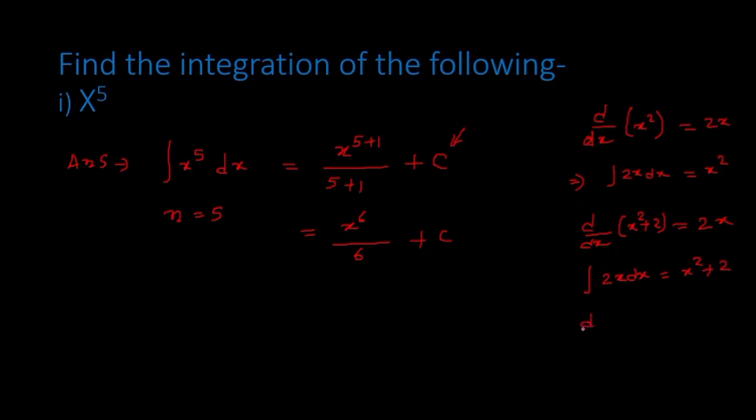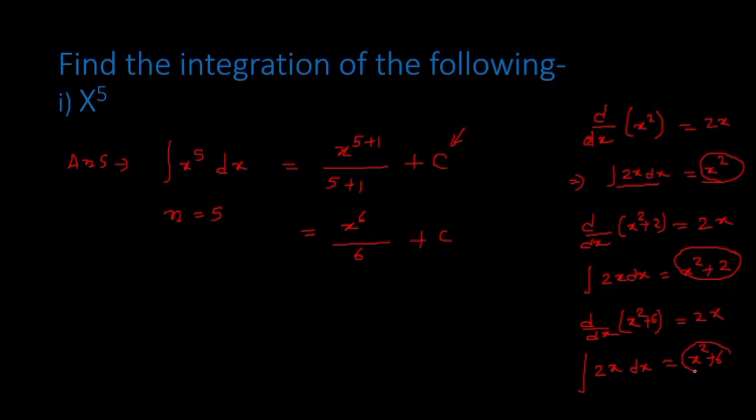Now d/dx of x square plus 6 will also be 2x. Then from that we can conclude the integration of 2x dx will be x square plus 6. So as you can see, the integration of 2x is different in different cases: here the integration is x square plus 2, here the integration is x square plus 6. So the difference is of plus c.